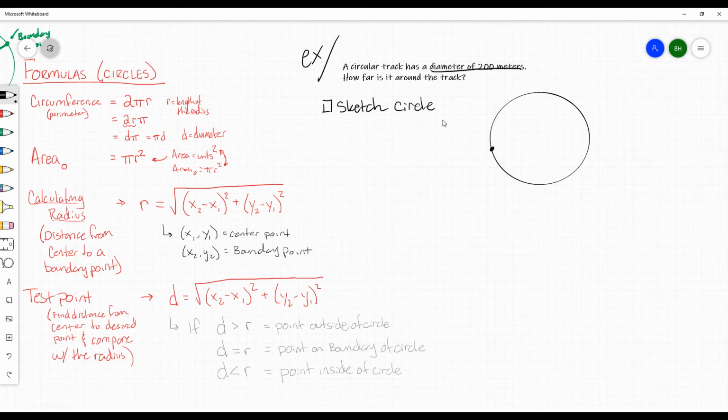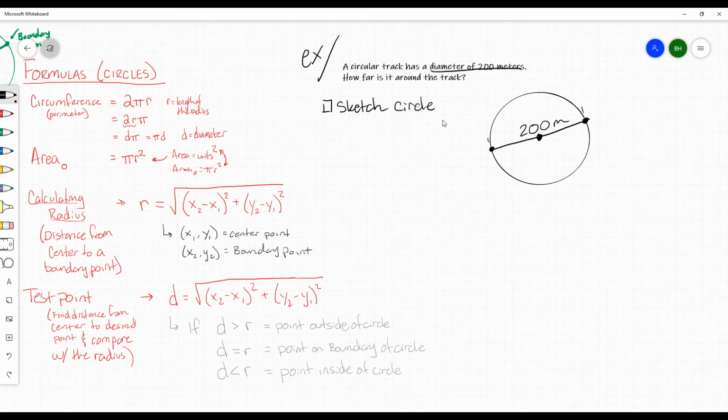The diameter of a circle runs from one boundary point through the center to the other boundary point. Let me get a straight line here. Okay, we make these a little bit bigger so it fits. So the diameter from here to here is going to be 200 meters.